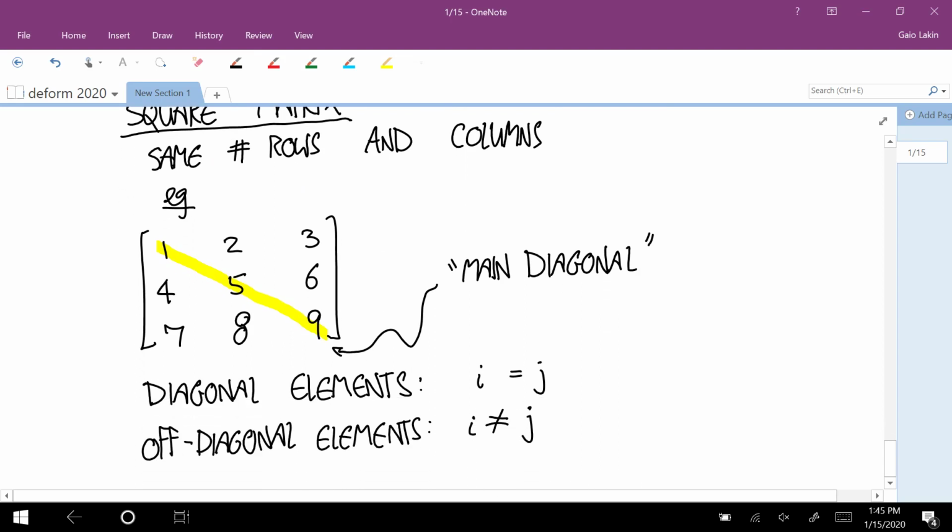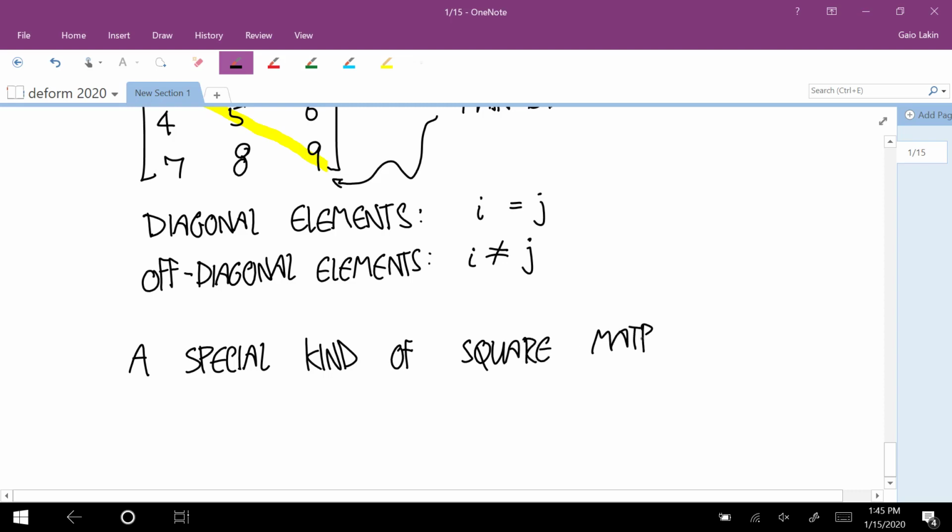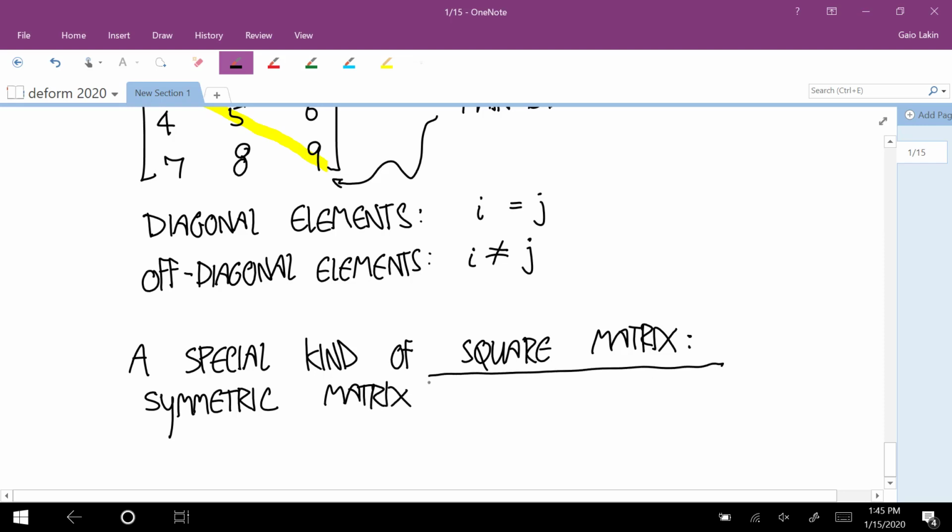So this is true of all square matrices. There's also an important special case, a special kind of square matrix, and that is a symmetric matrix. You can't have a symmetric matrix without it being square, but you can have a square matrix that's not symmetric.